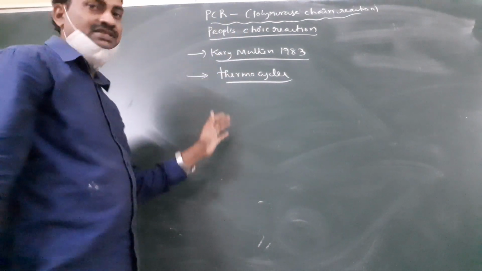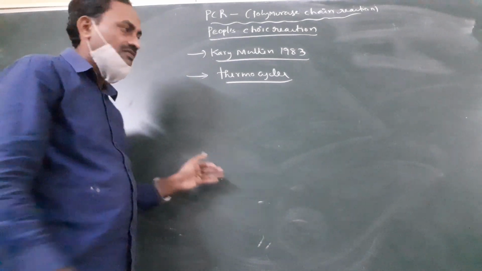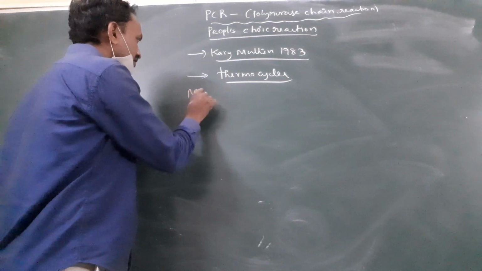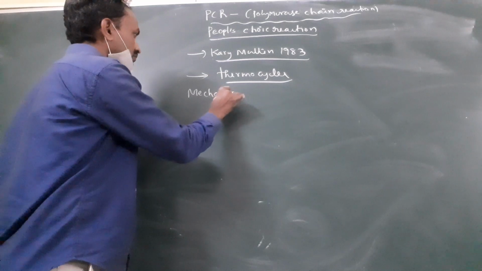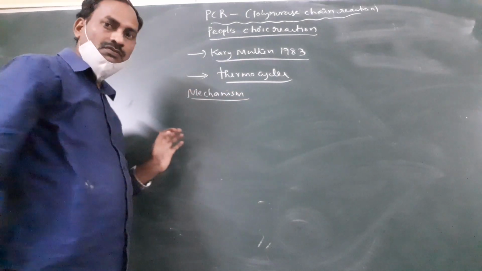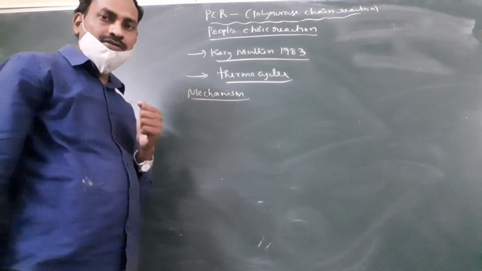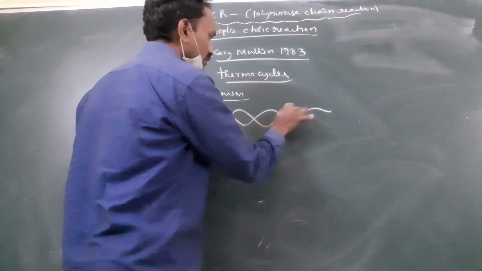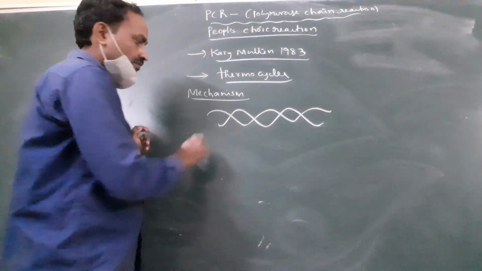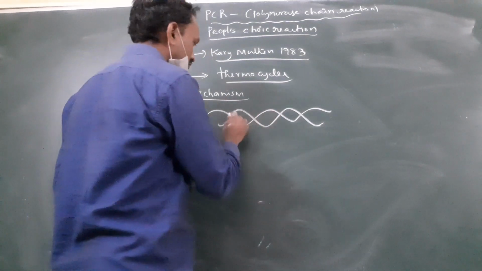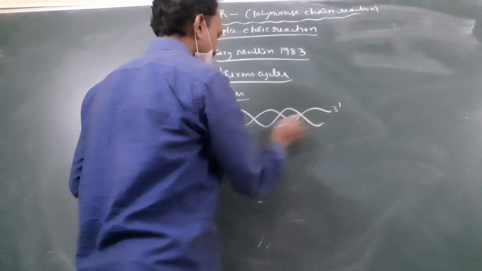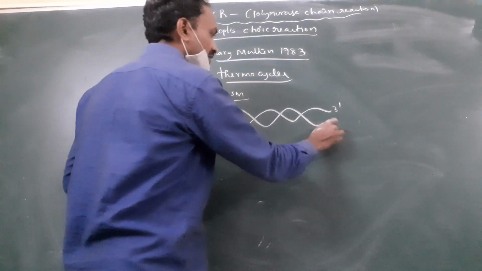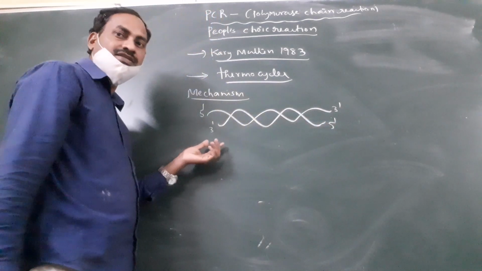Now, what is the process of PCR? The mechanism of PCR is: take the target double-stranded DNA. Suppose, just imagine, this is a 5' to 3' strand and a 3' to 5' strand. This is the target DNA.